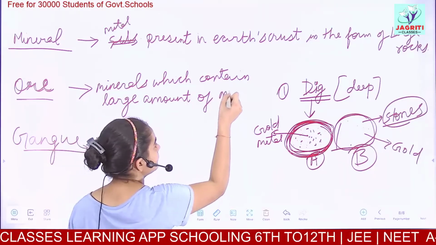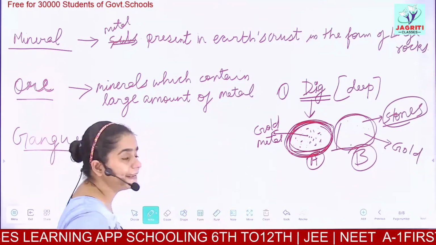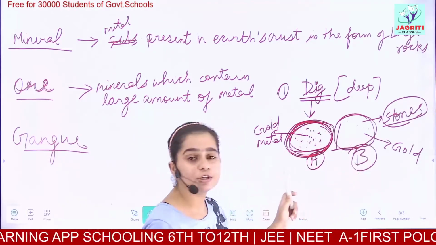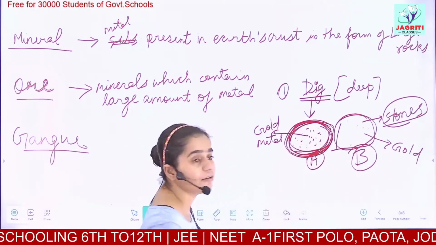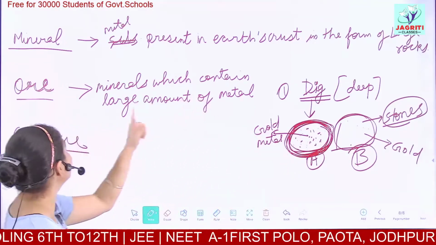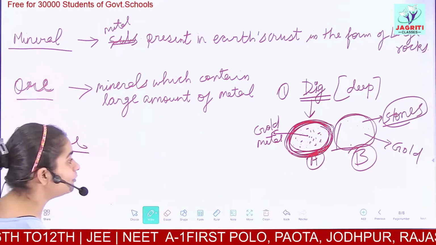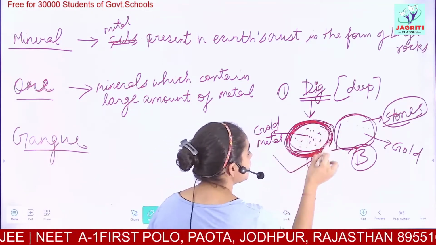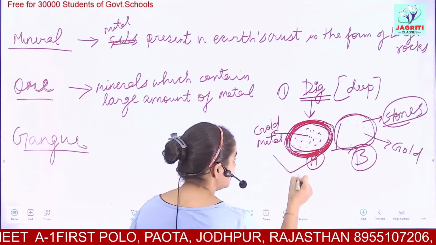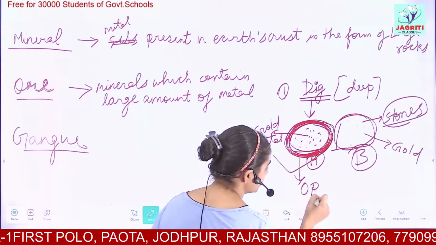We get many minerals, many stones in our earth crust, but the mineral which is having a high amount of metal is called ore. So we would select our mineral A because it contains a high amount of gold metal, and this mineral will be called an ore.